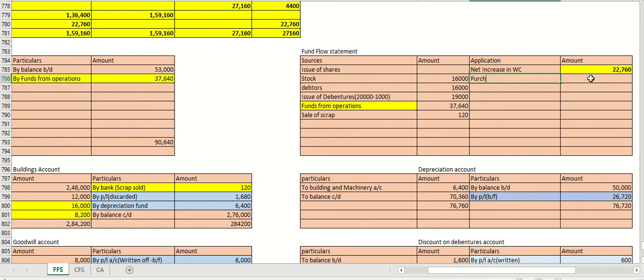So purchase of machinery by share we are not showing it up because we have not showed in the issue of shares. Purchase of machinery by cash. The amount is 16,000.